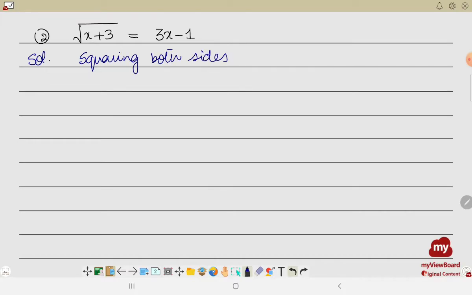So let's square both sides of the given equation: 3x minus 1 whole square. On the left hand side, the square will get cancelled by the radical sign. On the right hand side, this is the formula of a minus b whole square, so we are having a square minus 2ab.